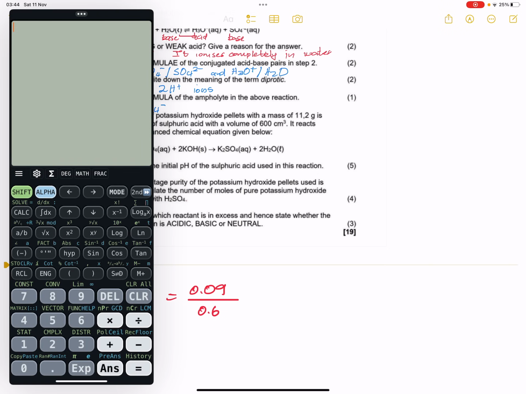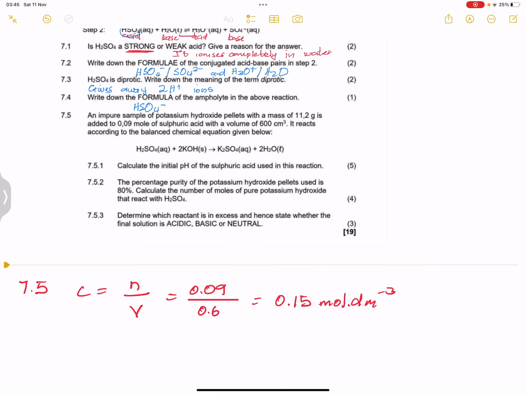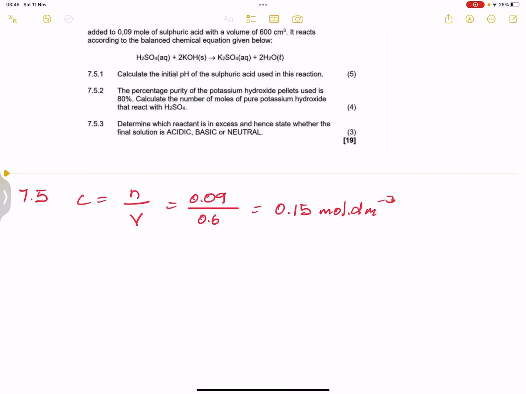Remember, the volume should be converted to cubic decimeters. So we get a concentration of 0.15 moles per cubic decimeter. Now, remember, what did we just find? We got the concentration of the acid, but how does sulfuric acid ionize? Remember, it is a diprotic acid, which means it's able to give away 2 protons, right?